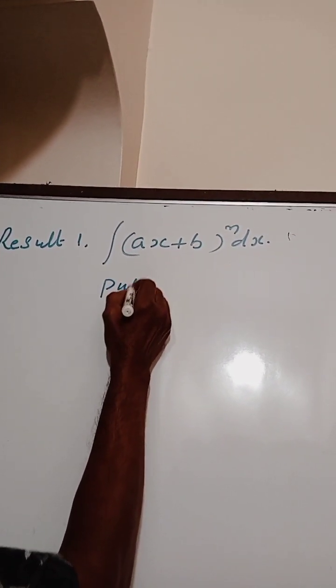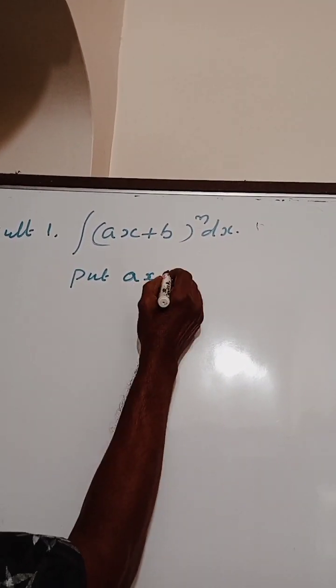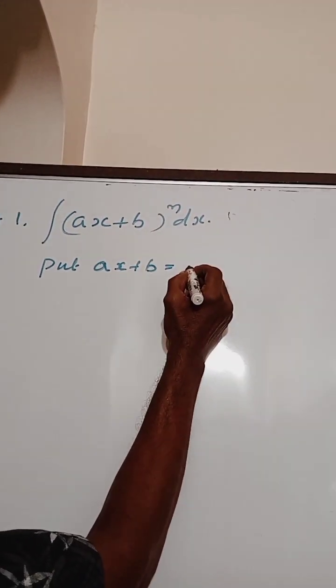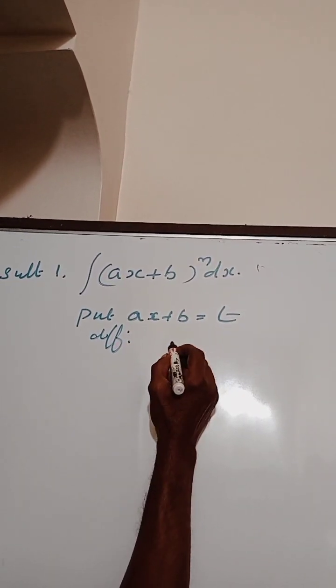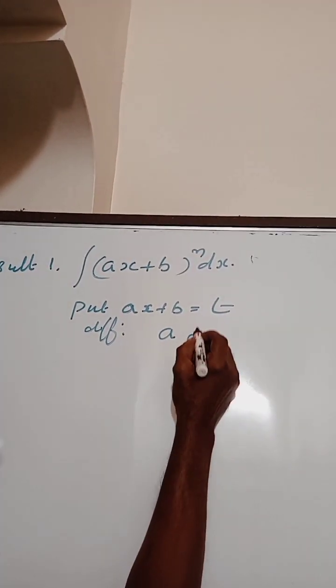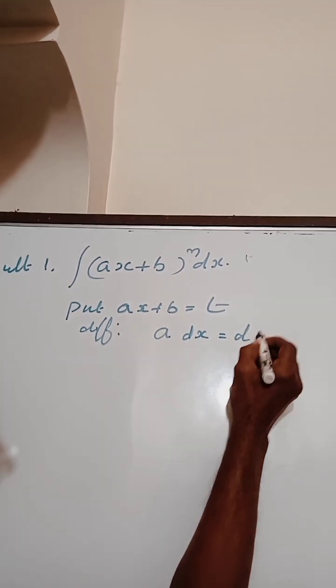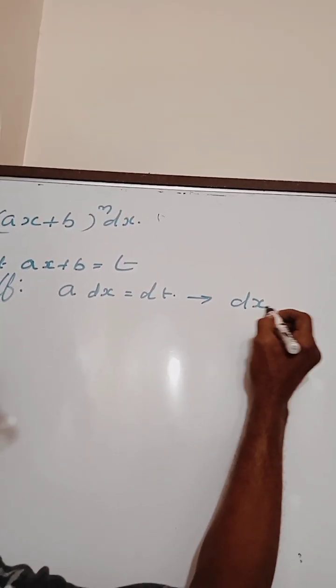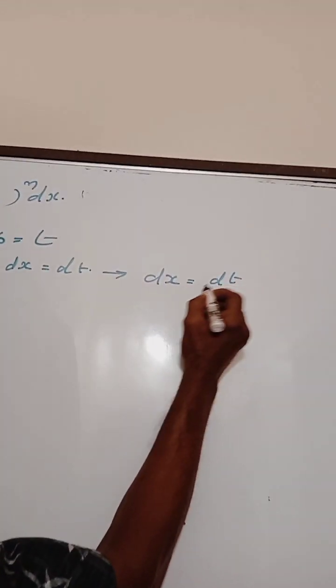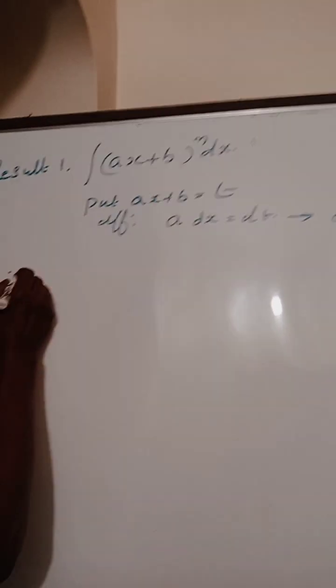Here we can put ax plus b equal to t. Differentiate. A dx is equal to dt. Therefore, dx is equal to dt by a.